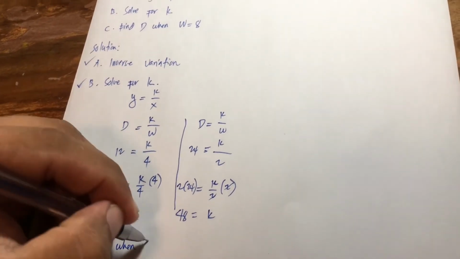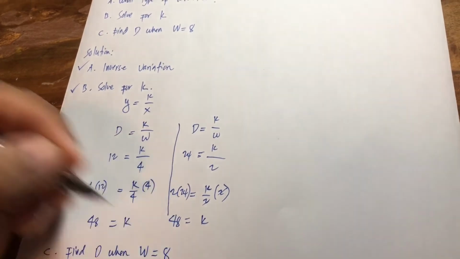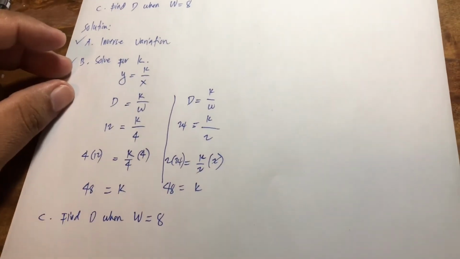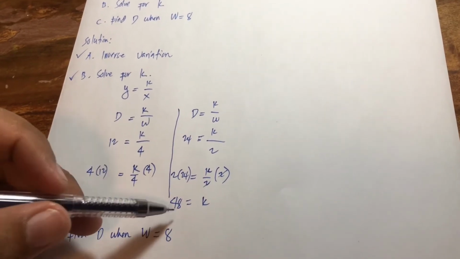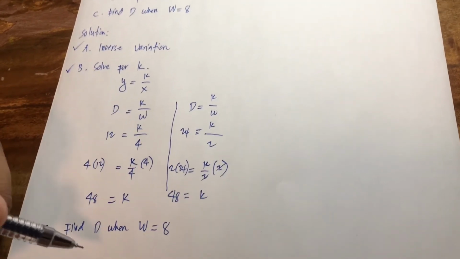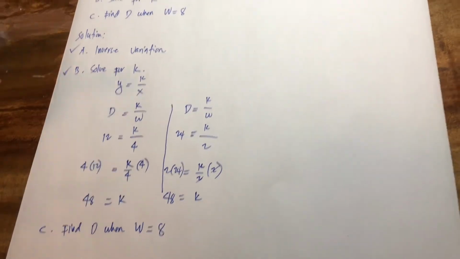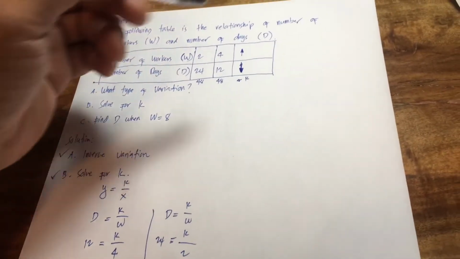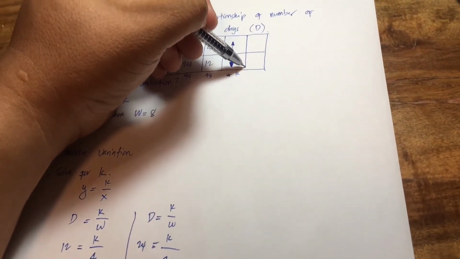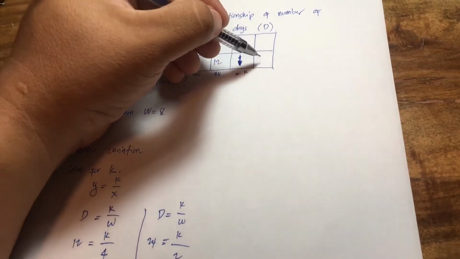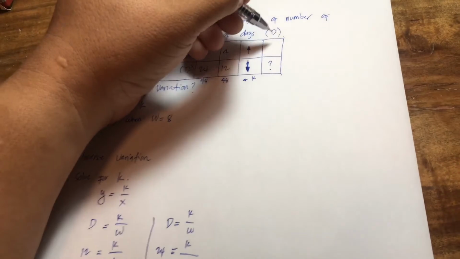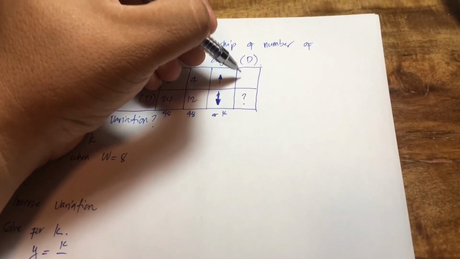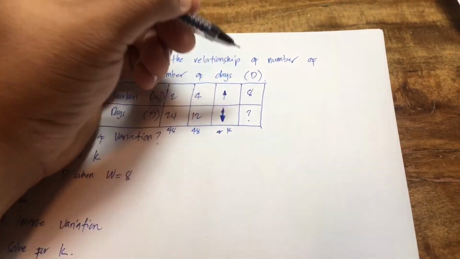when W equals 8. Here, since we already have the value of our K, 48, we can solve for the value of D. What is the value of D when our W, the number of workers, is 8?